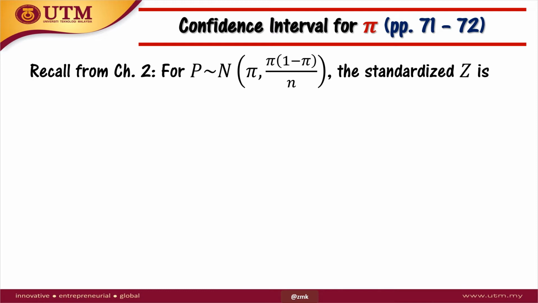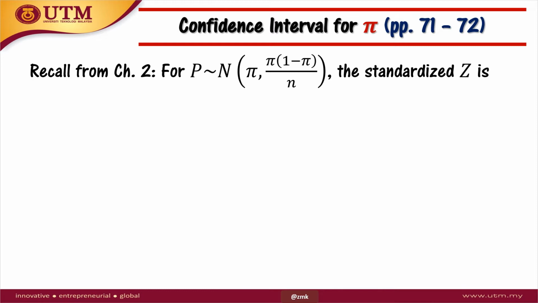Now, let us look at the confidence interval for the unknown population proportion pi. You may refer to the textbook pages 71 to 72 for more detailed explanations. Using the same approach that we did in constructing the confidence interval for mu, we may recall materials that we have learned in Chapter 2 on the sampling distribution of p.